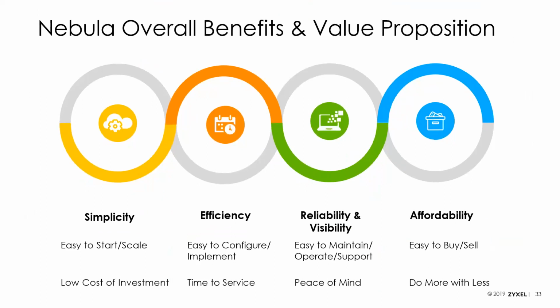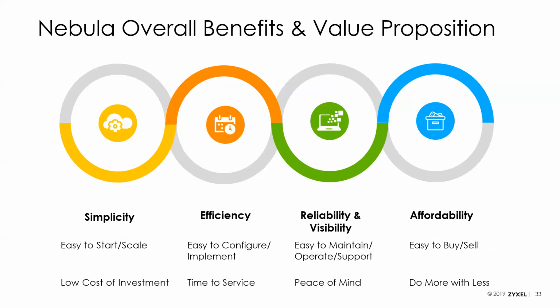So just to summarize things here, it's easy to start using Nebula. It's very easy to scale. You can continue adding as you need to. There's very little investment behind the cost of the hardware itself, unless you're using the Plus or Pro Pack, and even then our licensing is ridiculously affordable. Easy to set up and configure, easy to implement, saves you time out in the field. You don't have to configure things out in the field.